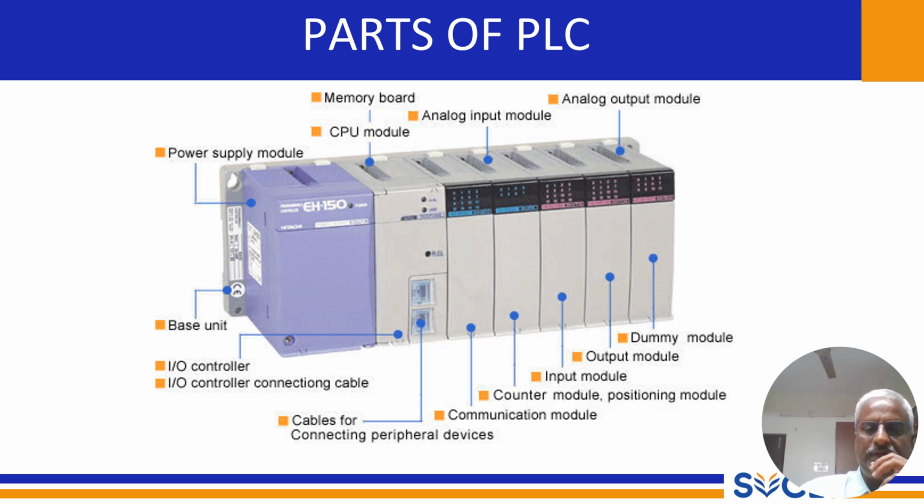This vertical part is nothing but the input module. This vertical part is nothing but the output module, and of course PLCs will have some dummy modules. We can make use of them as either an input module or an output module.